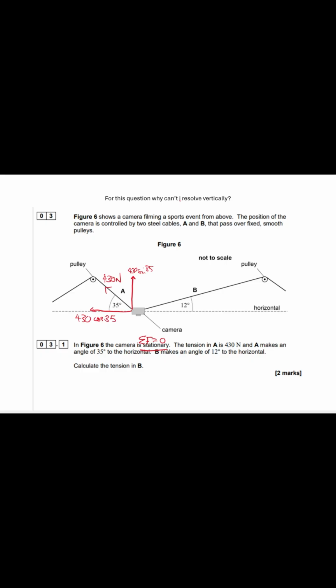That means we've got a tension in here. Let's call that TB. So the vertical component is TB sine 12, and then this one over here, that's TB cos 12.